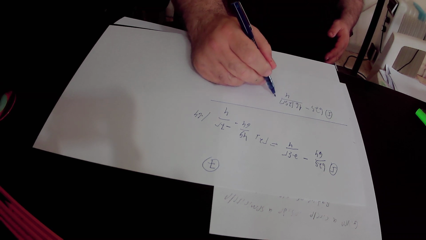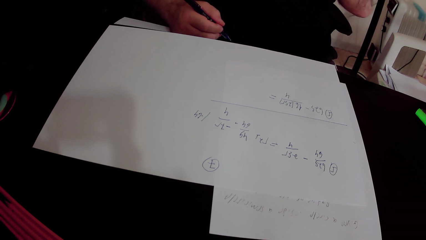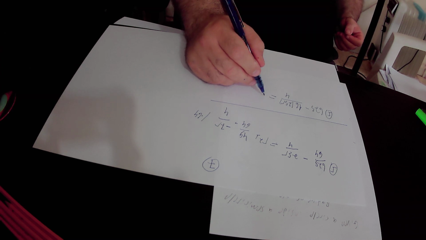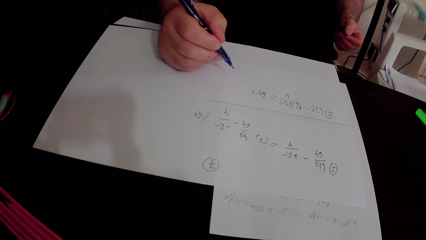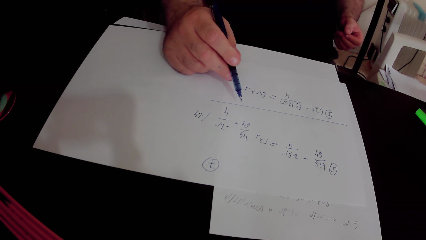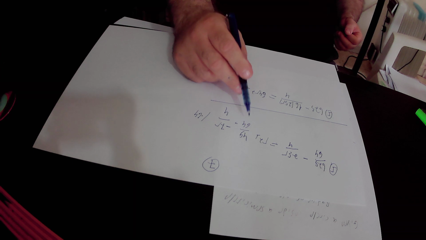And it is equal to 64r squared, because r squared times 64 is 64r squared. And here we have 49 over 64, and 64 over 64 is 1, so the 64 gets cancelled, and we are left with only 49. So this expression equals 49.